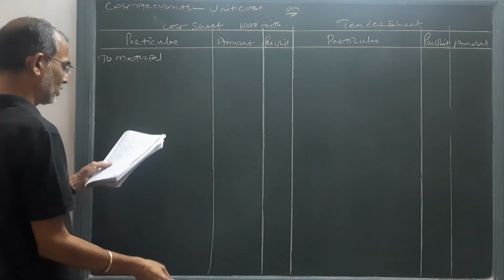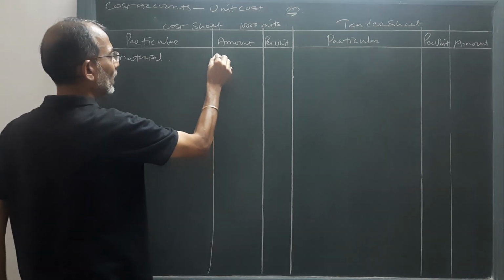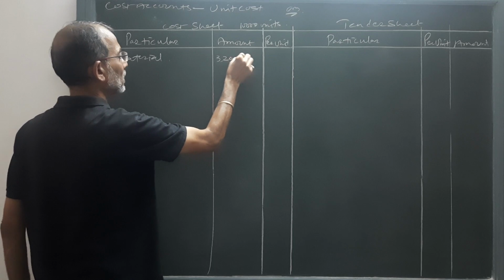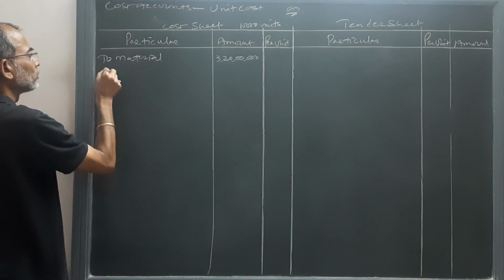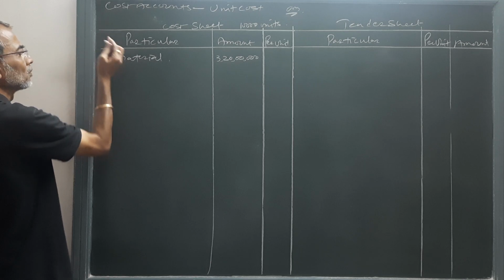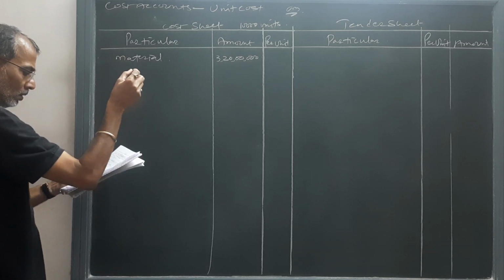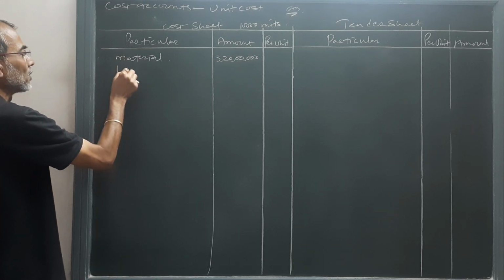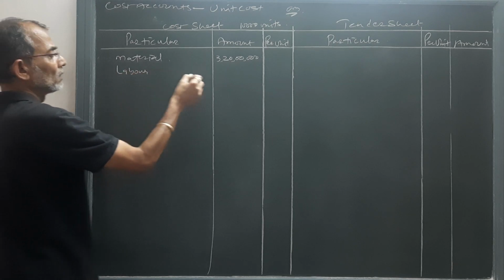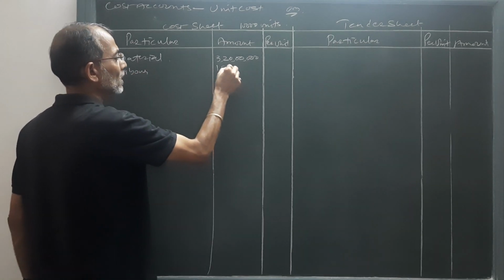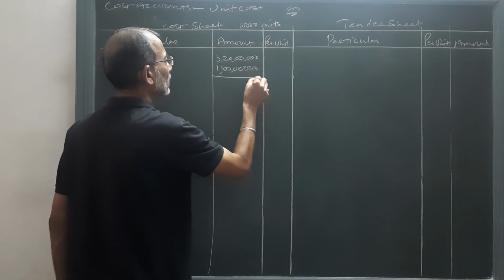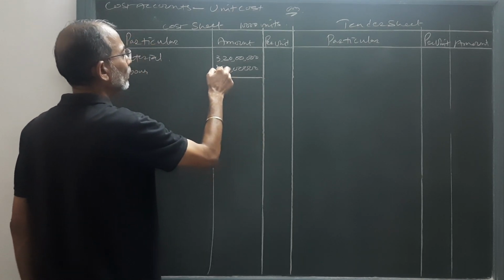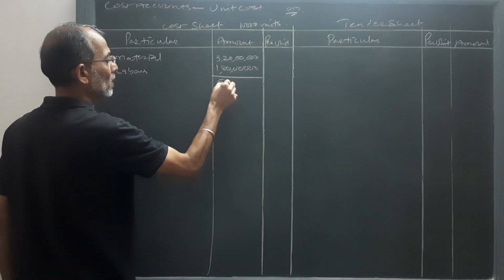Material is 3 crore 20 lakh. Then after, labor, that is 1 crore 80 lakh. So this will be 5 crore.